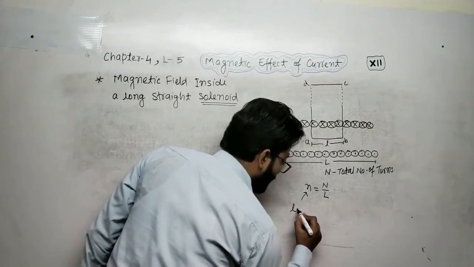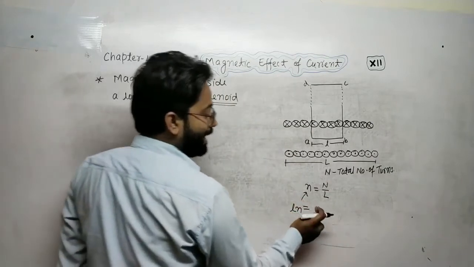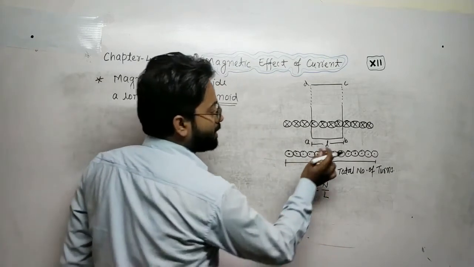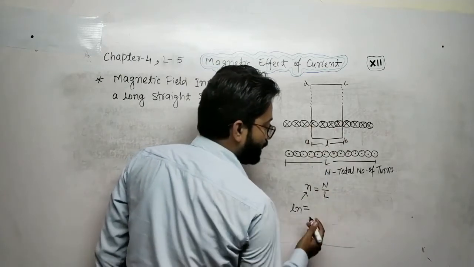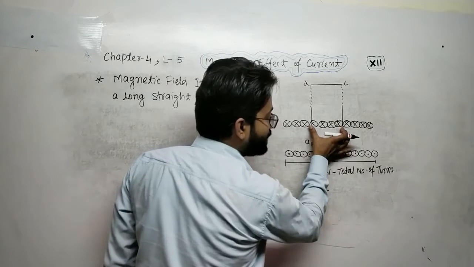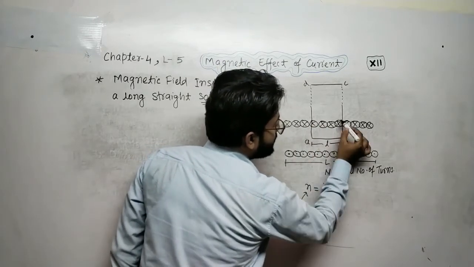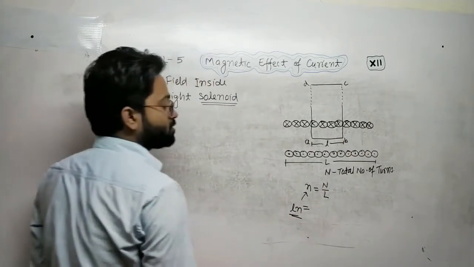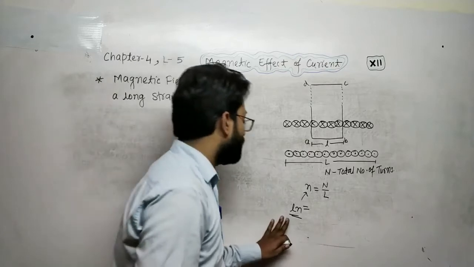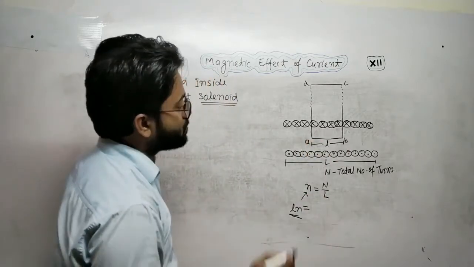Similarly, for length L, the number of turns in a length small l is small n into l. Small n l is the number of turns present in the l length of the solenoid.